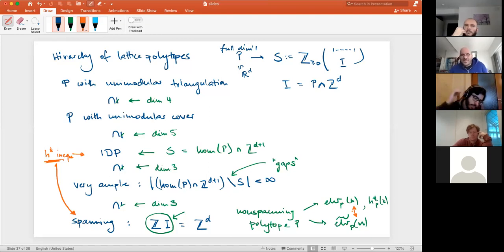I mentioned it would be interesting to have examples where the H star polynomial in one version is unimodal, but in the other version is not. And this has to do with conjectures that are out there. For example, one conjecture says that H star polynomials of IDP polytopes are unimodal. That's an open problem.